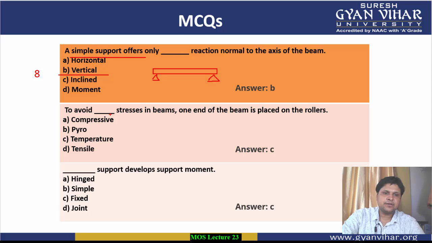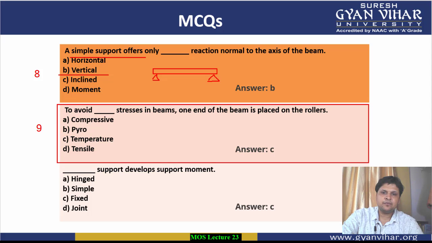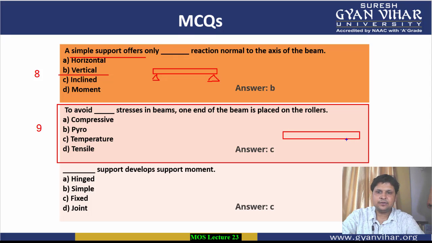Now coming to the next multiple choice question, MCQ number 9. What is the question saying? To avoid dash stresses in beams, one end of the beam is placed on rollers. So why do we use rollers in beams? The reason, students, is that with the help of these rollers, whenever there is an extension due to an increase of heat, it will accommodate that extension.